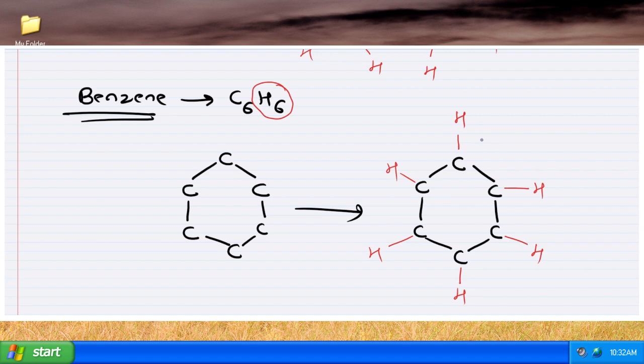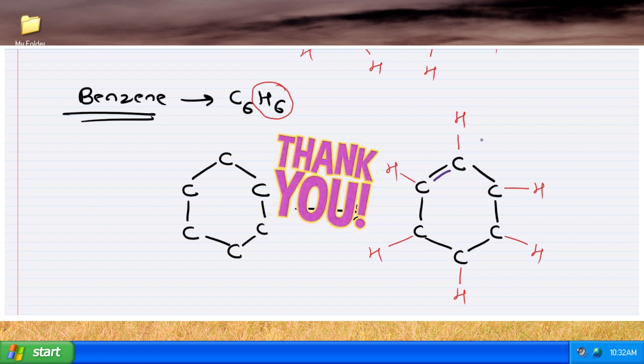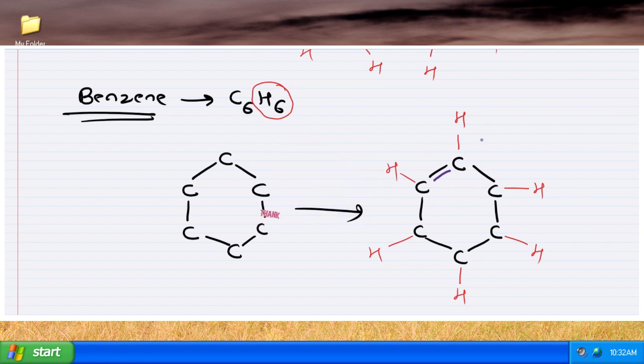Here the carbon is showing what? 1, 2, 3. So we have to fulfill it by drawing one double bond, meaning one more bond. So here it will show a double bond. Then here 1, 2, 3, 4. So it is done. Now check here 1, 2 and 3. So draw here. Done. Now again here also it is done. 1, 2, 3, 4.